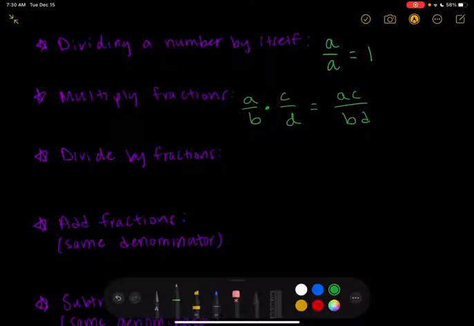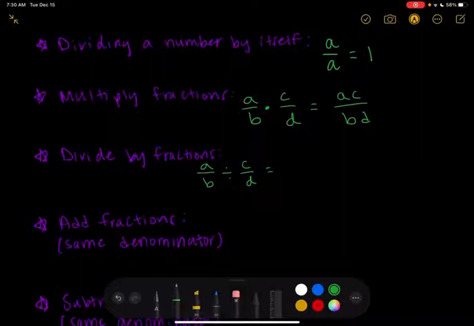Dividing by fractions, this one's a little bit more complicated. So if we had A over B divided by C over D, what we do with fractions is we do keep, change, flip.